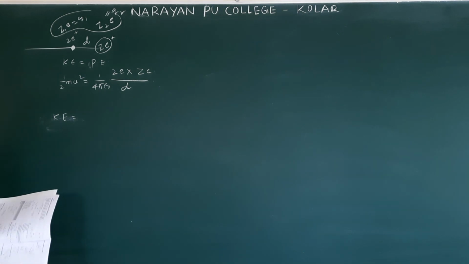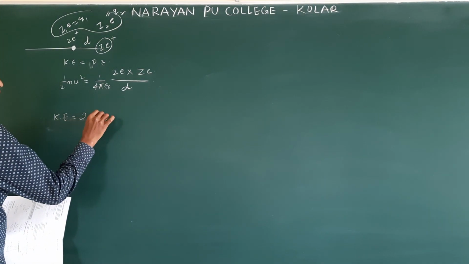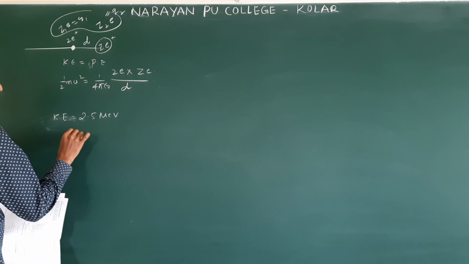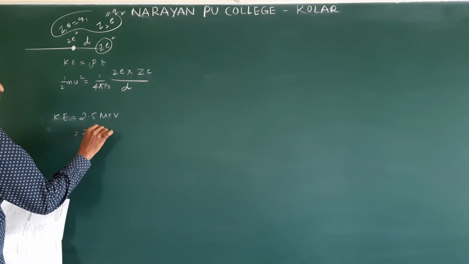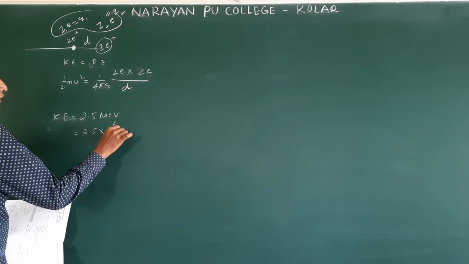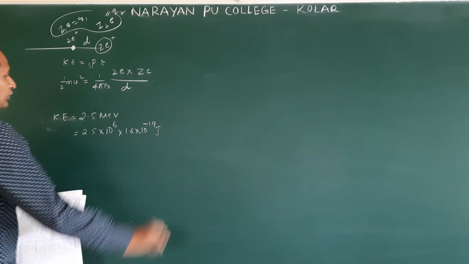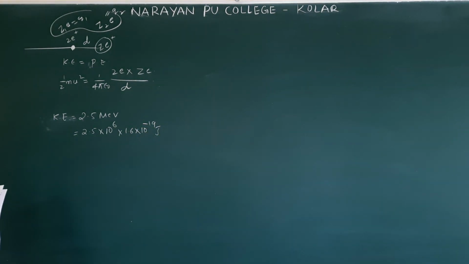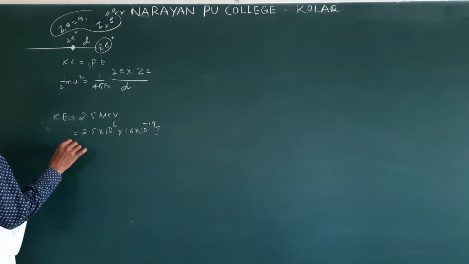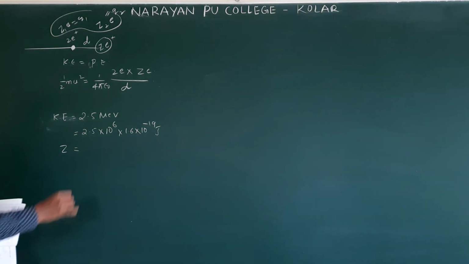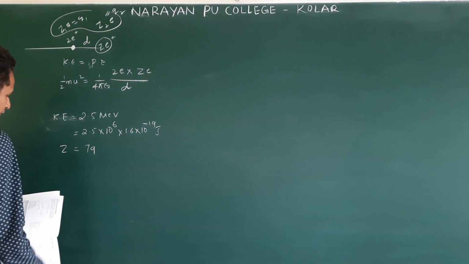So kinetic energy is 2.5 MeV. Convert this into joules: 2.5 into 10 power 6 into 1.6 into 10 power minus 19 J. For gold foil, the atomic number is given, Z is equal to 79.